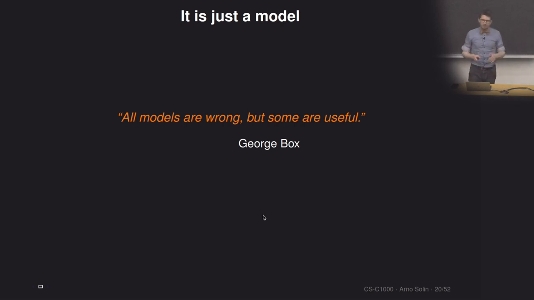And well, it really is just a model. And it's almost never in some real phenomenon that the model is the right thing. It's a simplification. And George Box, who is a famous statistician, said once that all models are wrong, but some are useful.